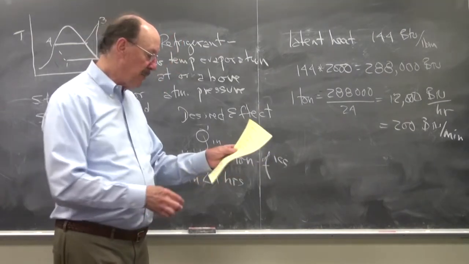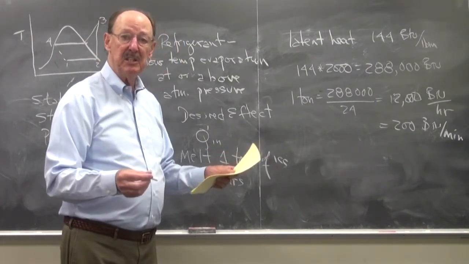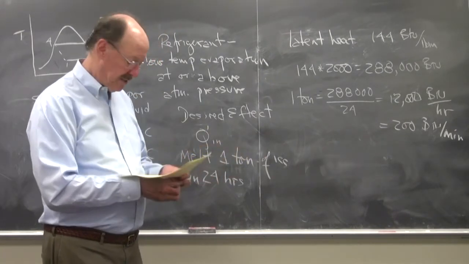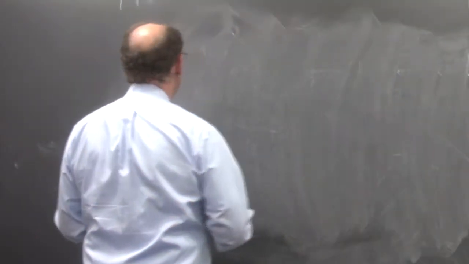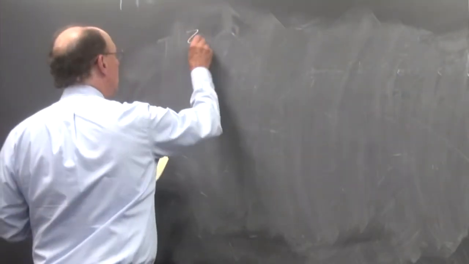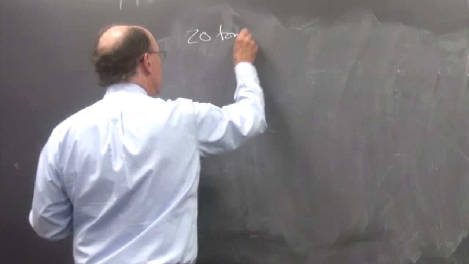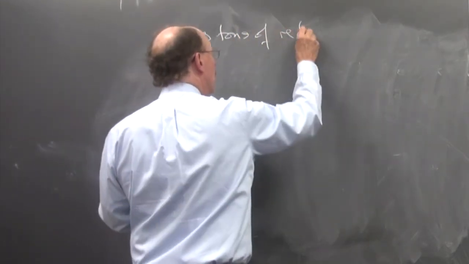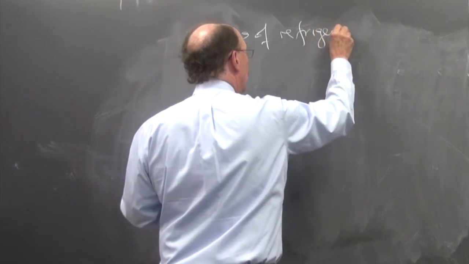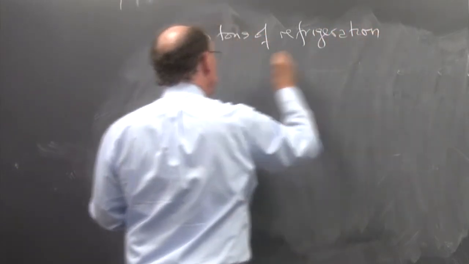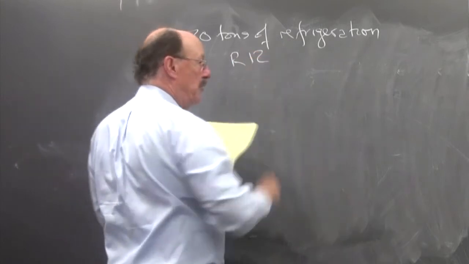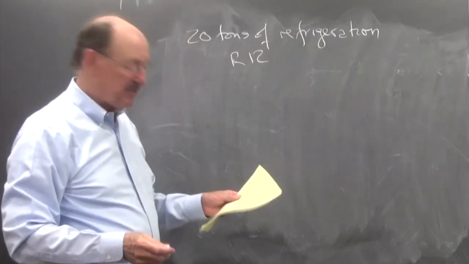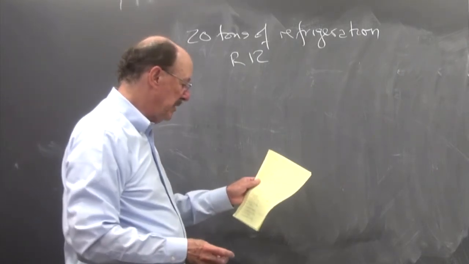Now let's do an example of this ideal system, and then I'll change the ideal system to reflect the actual system. So we'll have 20 tons of refrigeration. We use R12. We all know that R12 isn't around now in the United States. It is in other countries, but that's a substance we have, along with ammonia, in the tables.